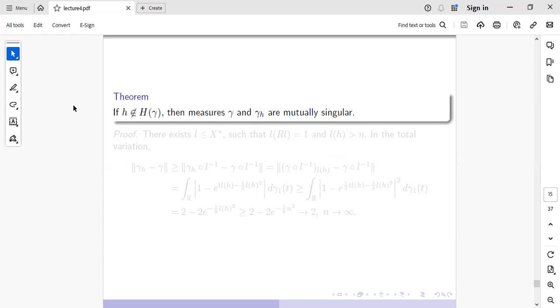Next, consider the case when h is not in the Cameron-Martin space. Then it turns out that the shifted measure will be singular to the initial measure γ.